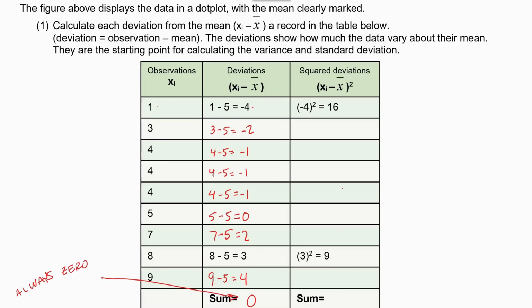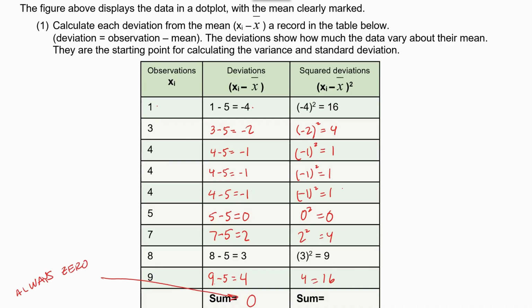When we square everything, all those negatives go away. So we could square each of these deviations. The square of -2 is 4, the square of -1 is 1, the square of 0 is 0, the square of 2 is 4, the square of 4 is 16.